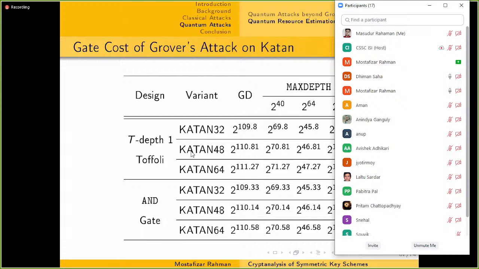Oh yeah, in the Project Q framework, we are first designing our oracle. So for the PRESENT block cipher, suppose we are designing the PRESENT Grover oracle, and then we are applying the automated resource estimation module. But by common framework, I mean that we don't need to design separate oracles for PRESENT or other block ciphers.